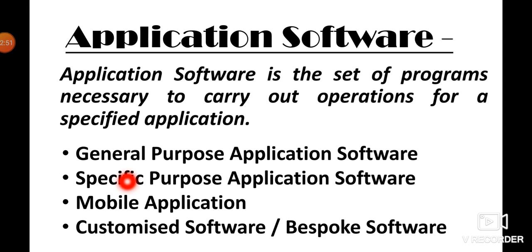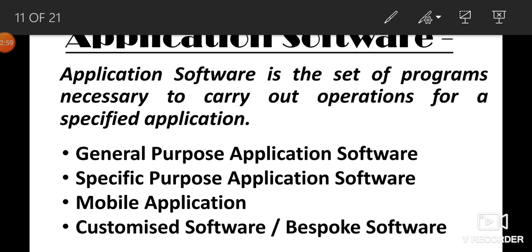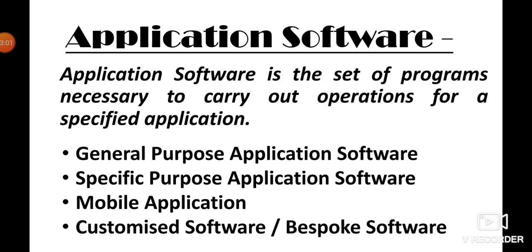Second is specific purpose application software. Third is mobile application, and fourth is customized software. These customized software are also known as bespoke software. Okay, so let's discuss all these types one by one.